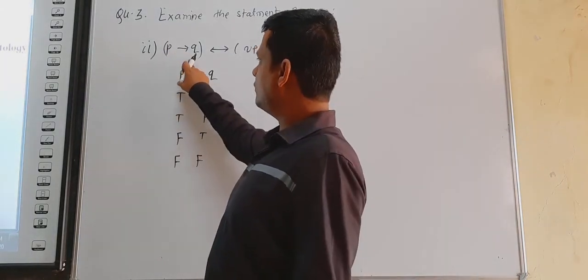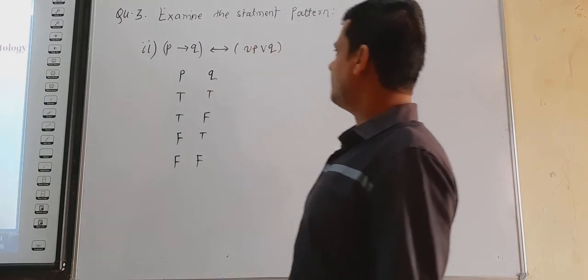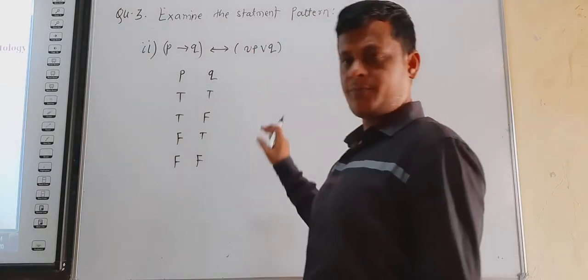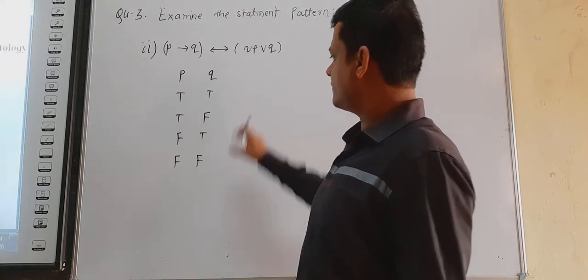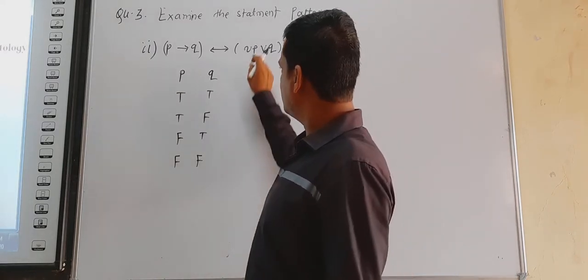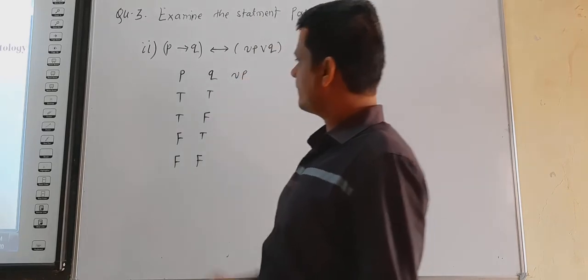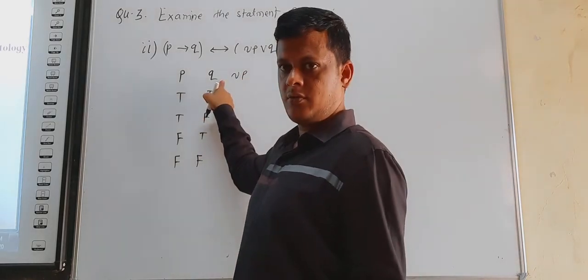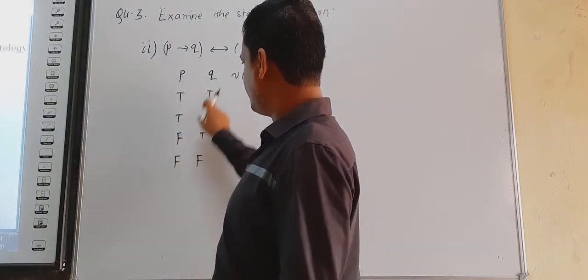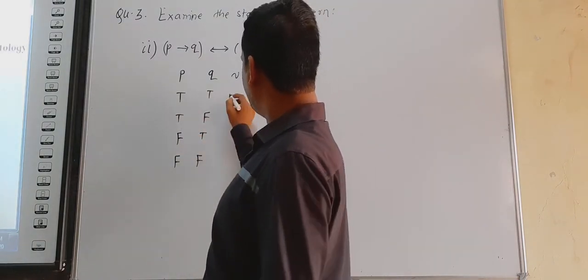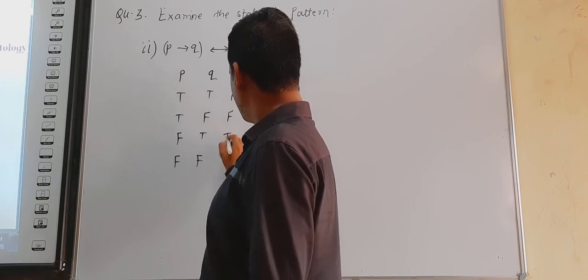P implies Q, double implies negation P or Q. In this problem there are total two statements P and Q. Make the negation of P. Entries in P and Q same as used in previous example. T, T, F, F, T, F, T, F. Negation of P: F, F, T, T.